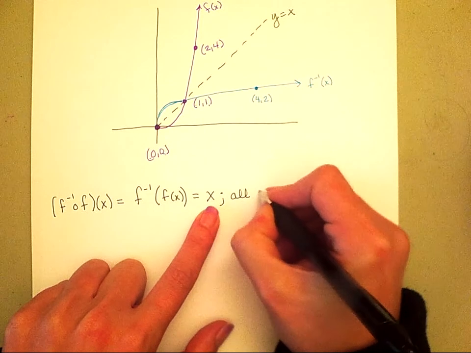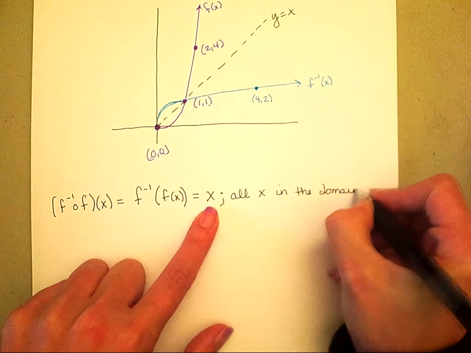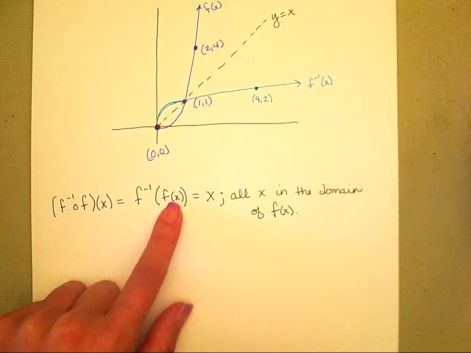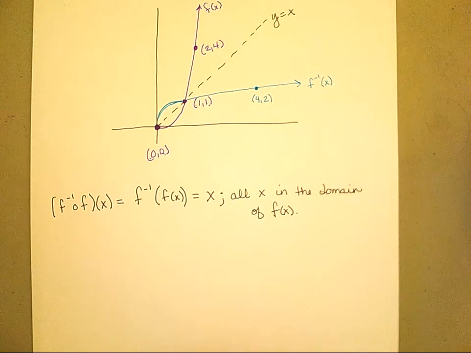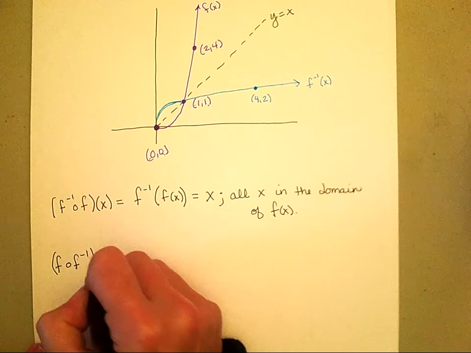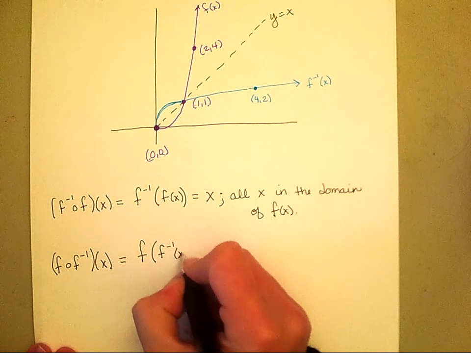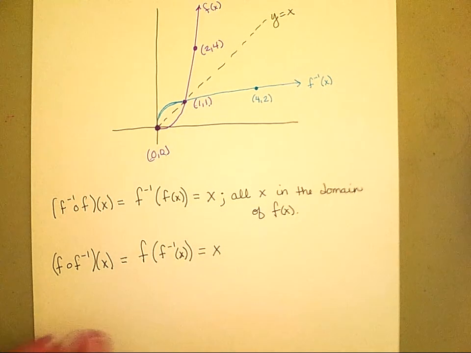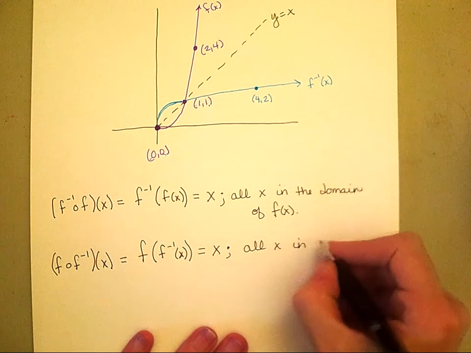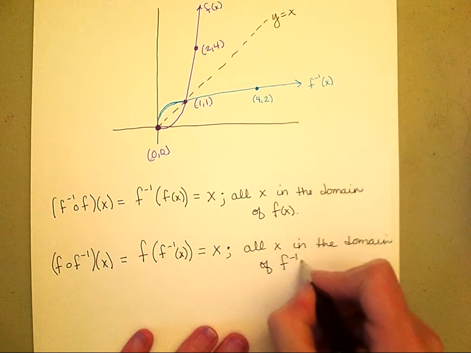This will be true for all x in the domain of our inside function here, which is f. And by function composition, if they are inverses, it has to work the other way as well. If we take f and compose it with f inverse, well, if they are inverses, again, this has to equal x. And this will be true for all x in the domain of f inverse.